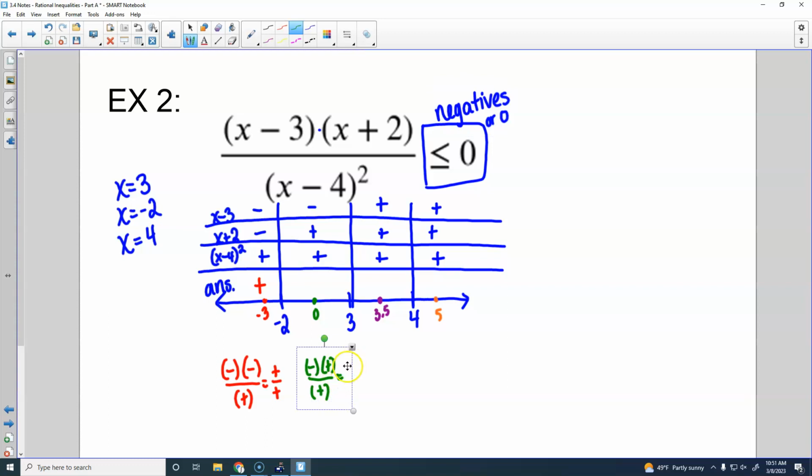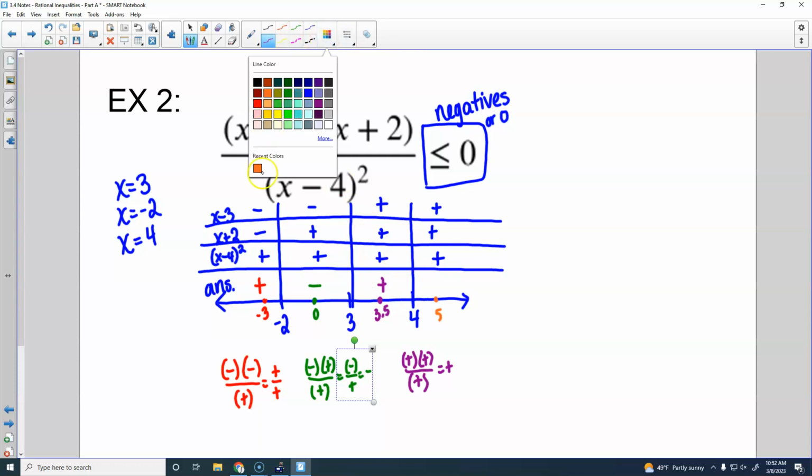That will give me a negative over a positive, which is negative. So I get a negative in that section. For the last 2 sections, everything's positive for both of those. So for those last 2 sections, you've got positive times positive over positive, which clearly has to be positive, right? So you'll get a positive here. You'll also get a positive here.